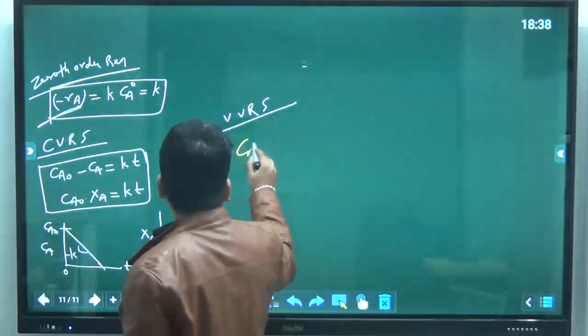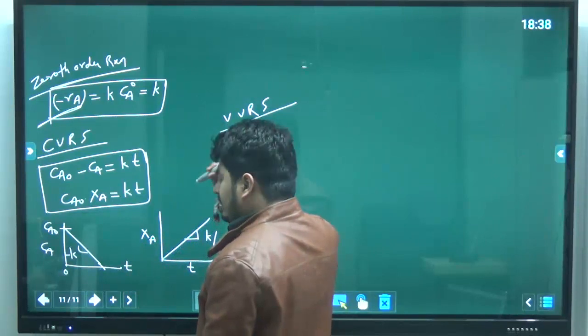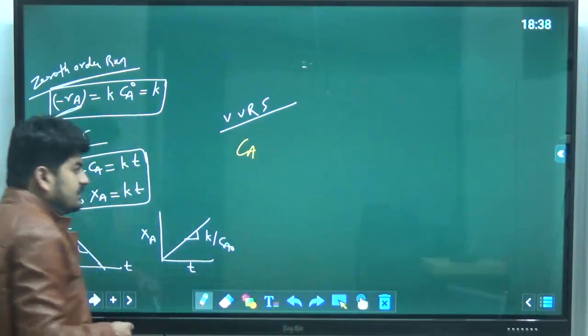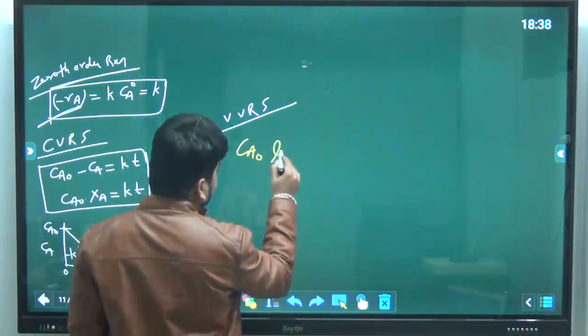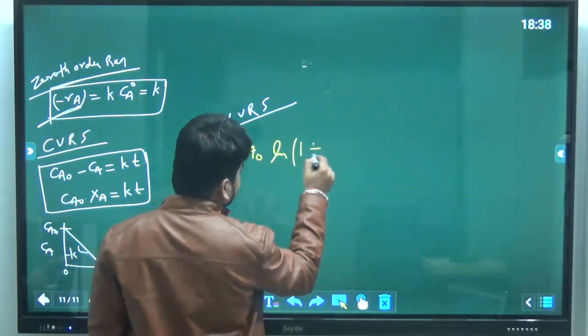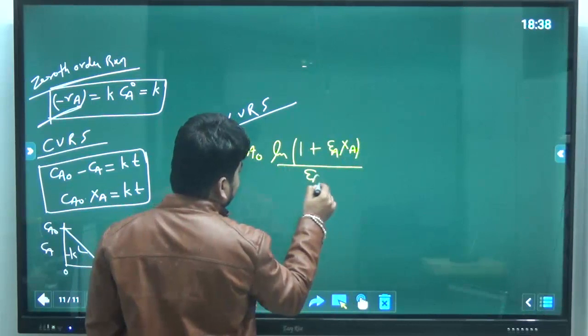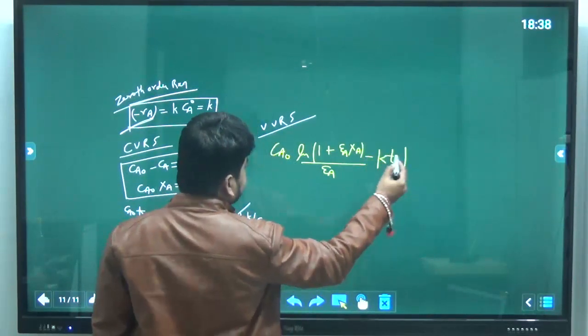the kinetic equation will be Ca naught ln(1 plus epsilon A Xa) over epsilon A is equal to Kt.